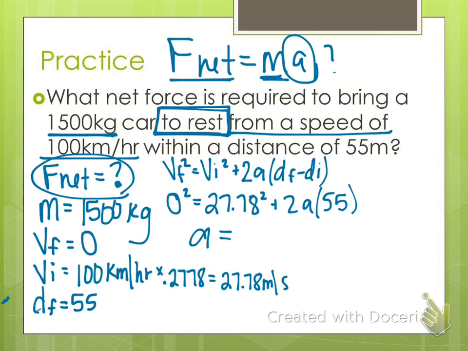So can someone raise their hand and tell me what value you got for acceleration? Yeah, Nate. That would be negative 7.01. Okay, and what's our units for acceleration? Meters per second squared. Good.